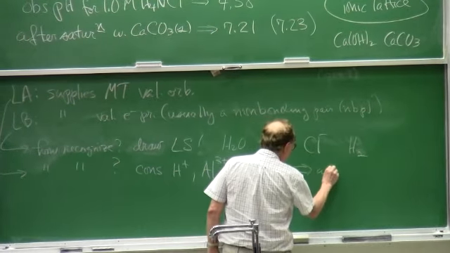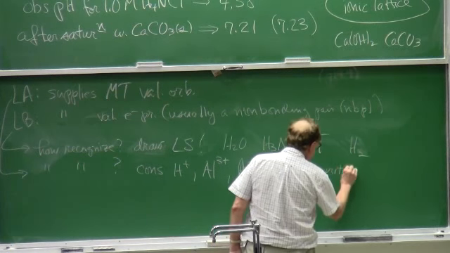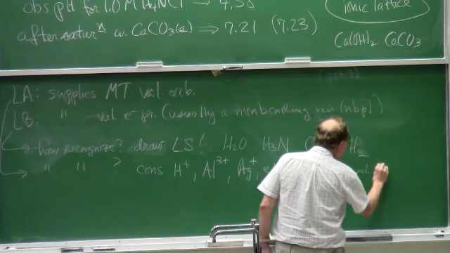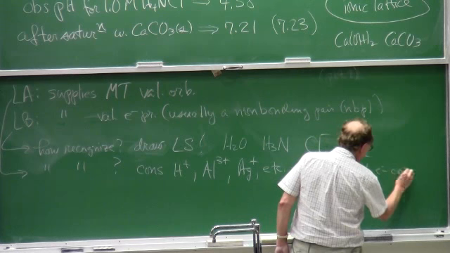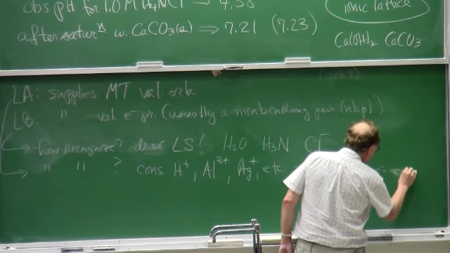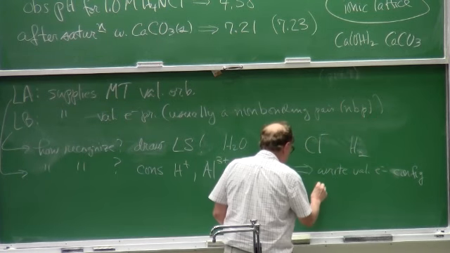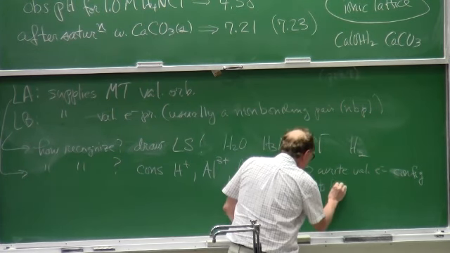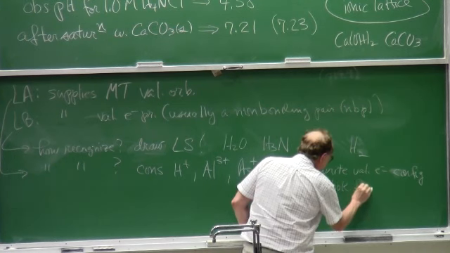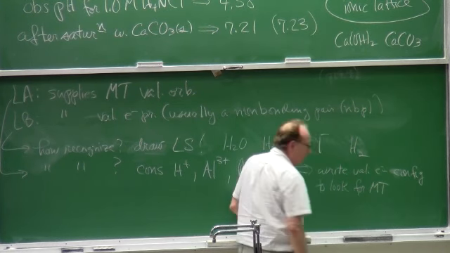So we'll write that down. Write valence electron config to look for empty valence orbitals.